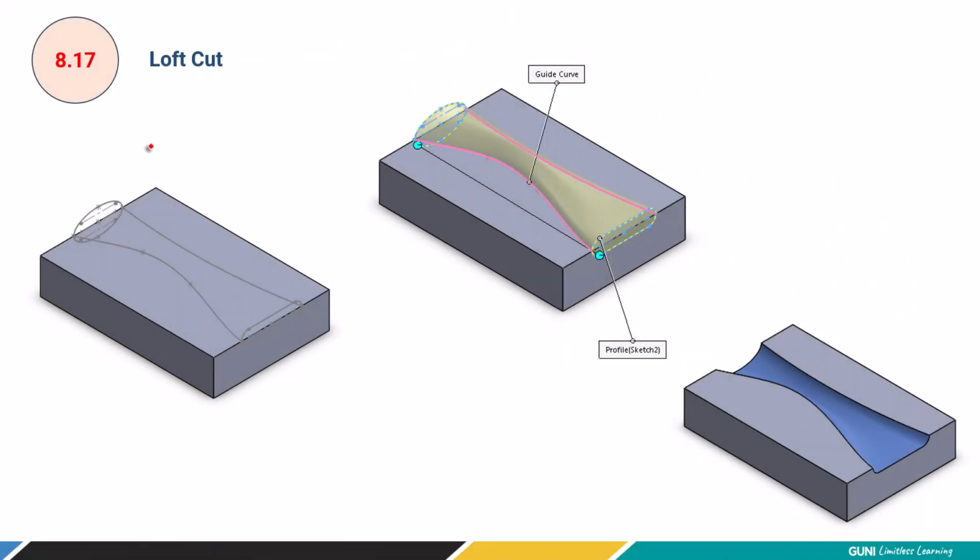Now similar to Loft Boss Base, Loft Cut simply removes the material. The rest of the options are the same. The philosophy of guide curve and centerline remains the same. So in this exercise we try to create a cut like this using the provided profile and guide curves.